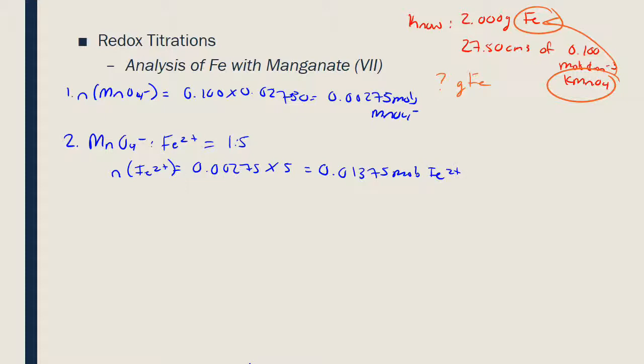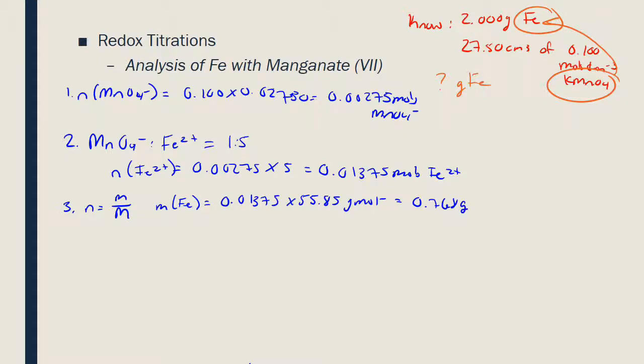So if we know moles of Fe2+, we can find mass, right? Moles equals the mass of what we're looking for over molar mass. So for the mass of iron that reacted, we take 0.01375, multiply by the molar mass of iron, 55.85 grams per mole, and you get 0.768 grams.